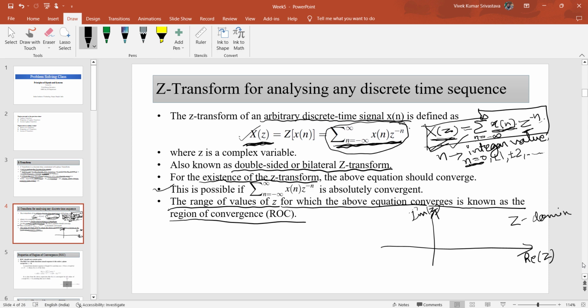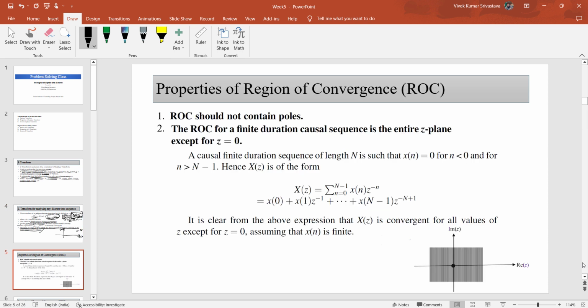The range of values of z for which this expression converges is known as the region of convergence. We will see this region of convergence in more detail in the upcoming slides.